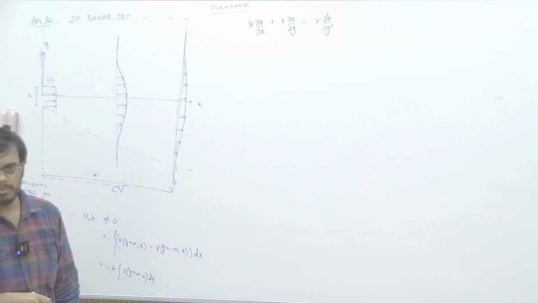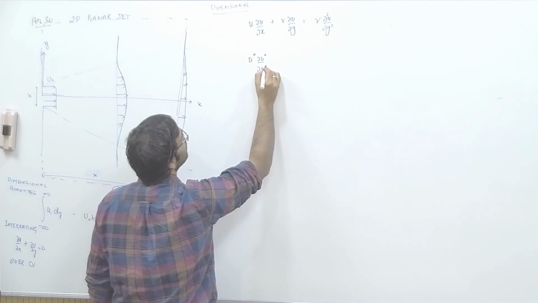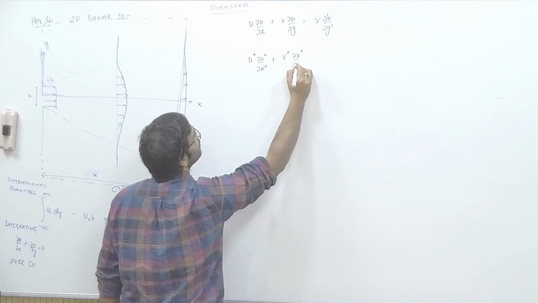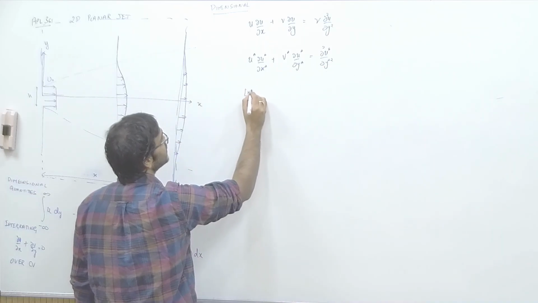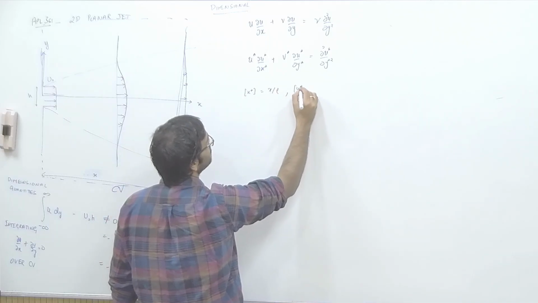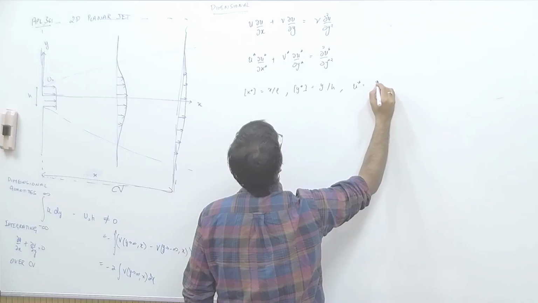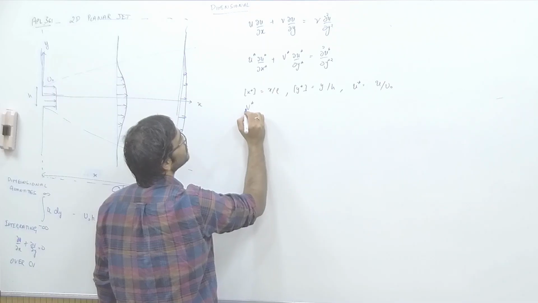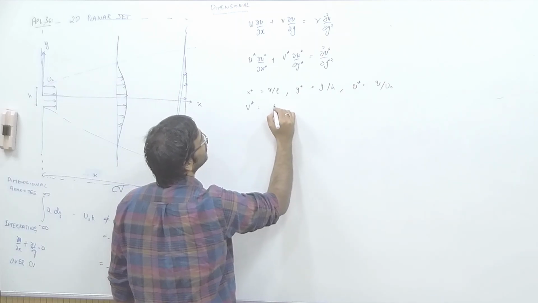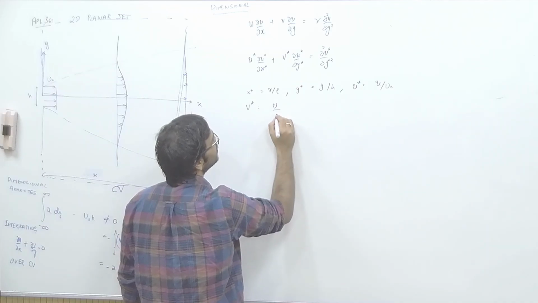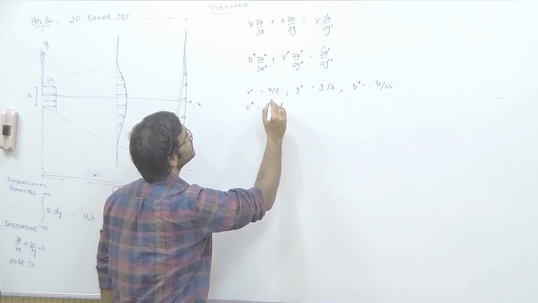Whatever scales are being used, if you plug them back, for example, if you have an equation in u star del u star by del x star plus v star del u star by del y star equals del 2 u star over del y star square, and if you plug in that x star is basically x over L, y star is basically y over h, and u star is basically your u over u naught, and v star is basically v over the scale of y direction velocity, which will be u naught h over L. So if you just plug these back inside this equation, you will get this.